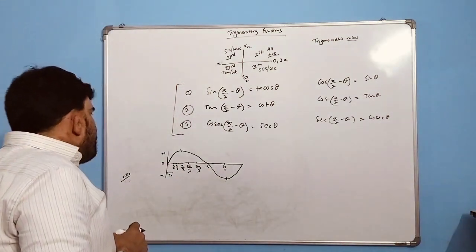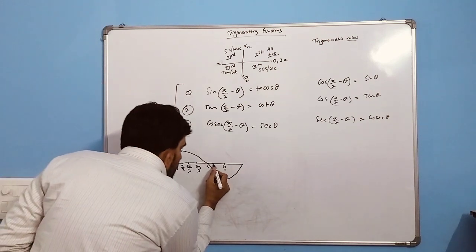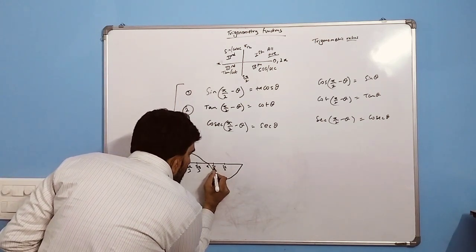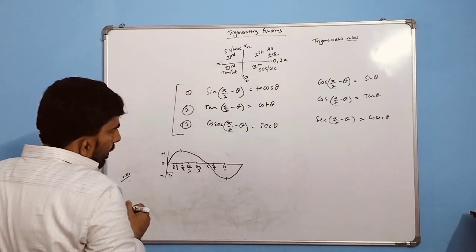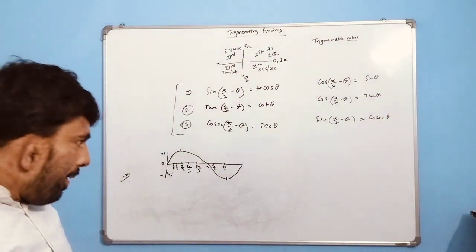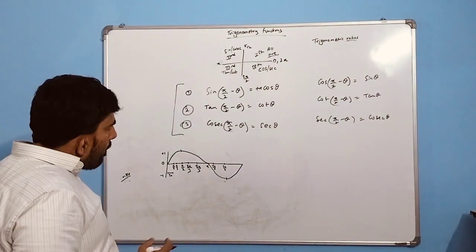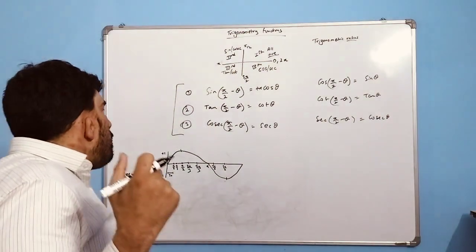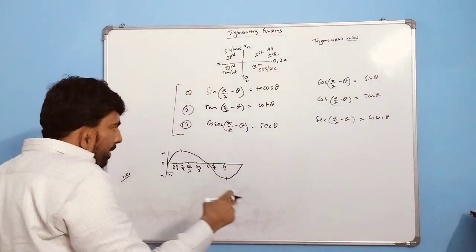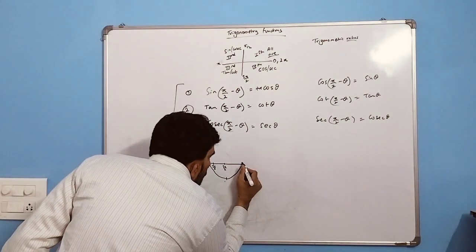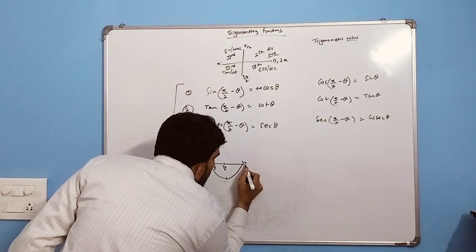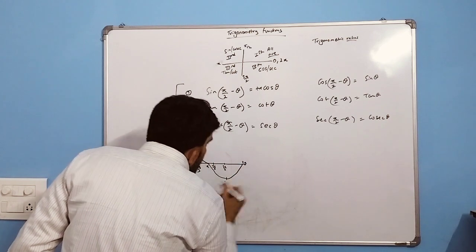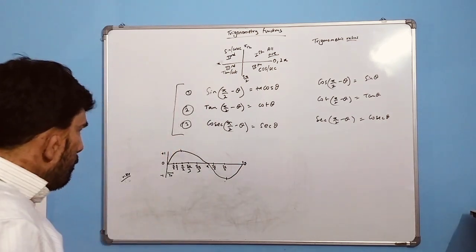Like this we can do it, like 7 pi by 6 if I take, that is 210. After 210 we move to 240, then to 270. So it goes on till here I make 2 pi, that is 360 degrees.